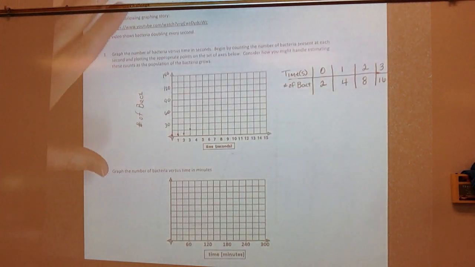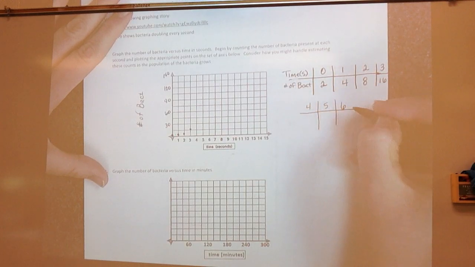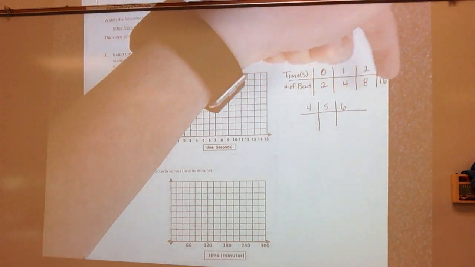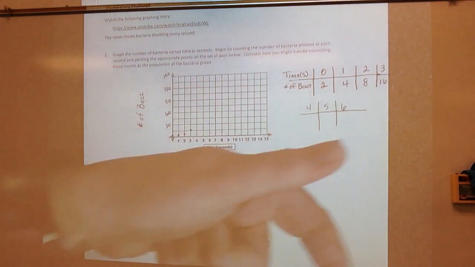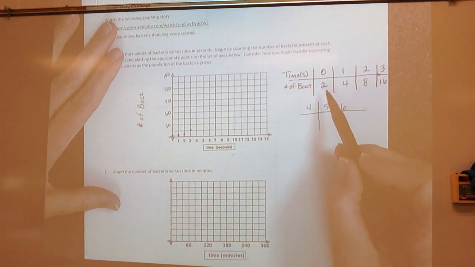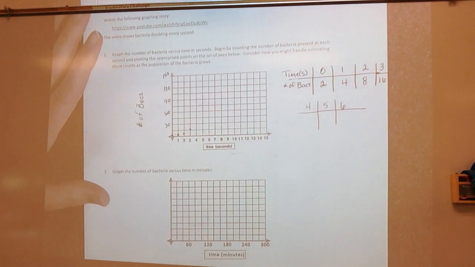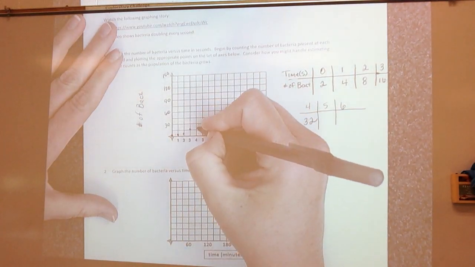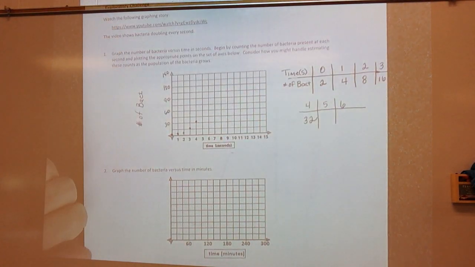So then let's think about this. What do we think is going to happen at the 4-second mark, at the 5-second mark, at the 6-second mark? Well, if we are estimating that they are doubling, then I can say, okay, 2 plus 2 is 4, 4 plus 4 is 8, 8 plus 8 is 16, so 16 plus 16 is 32. So at 4 seconds, I'm thinking I'm going to get about 32 bacteria.